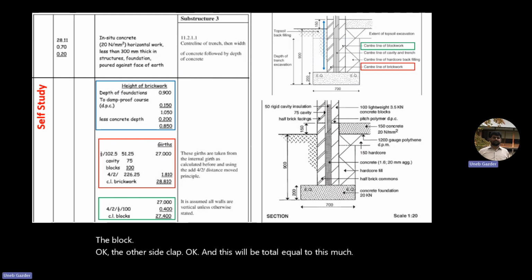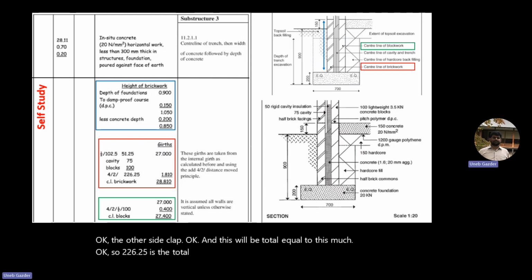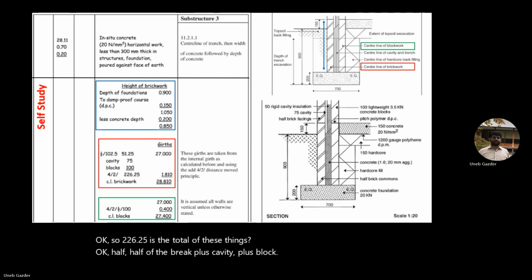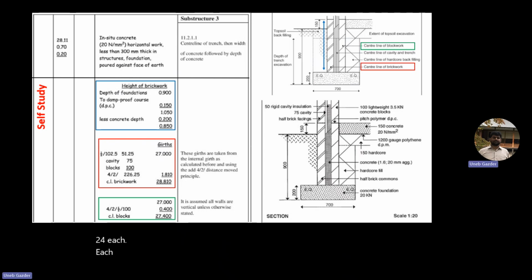So 226.25 is the total of half of the brick plus cavity plus block. 4 for each corner, 2 for each wall. 2 walls at each corner, right?